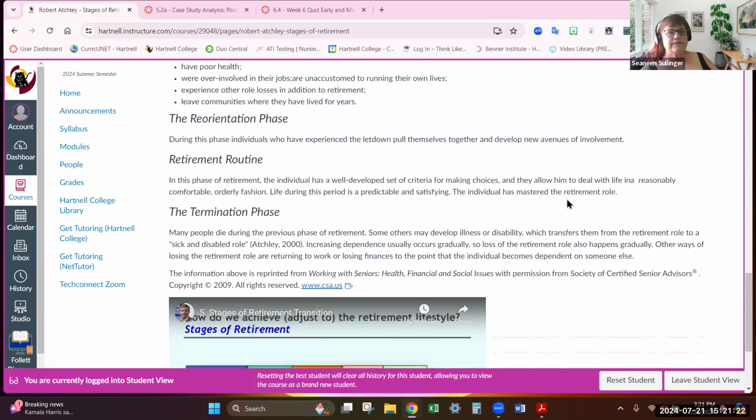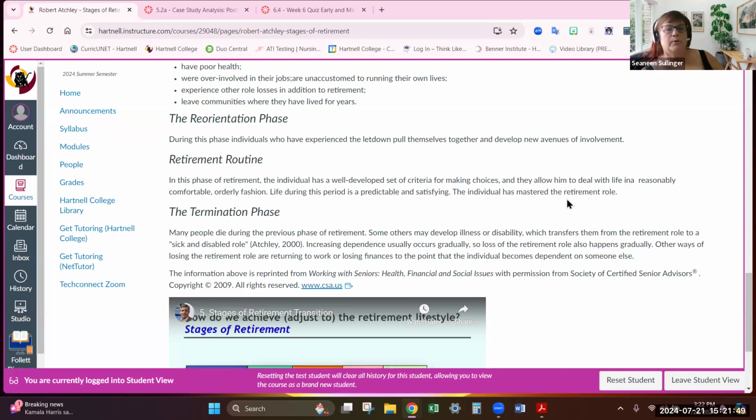And then the termination phase. So many people will die during the retirement routine phase. Everything becomes quite routine and satisfying, and you're happy. But others may develop illness or disability. And so then they'll be sick and disabled, not really in a retirement. And then there's increasing dependence. And so the loss of retirement role happens gradually.